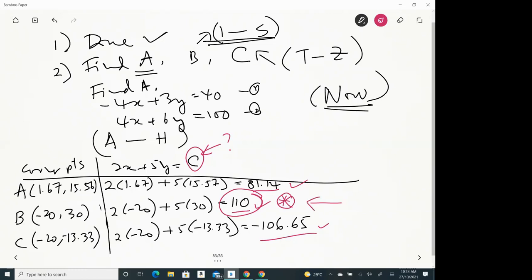We just do it by observation, to identify the correct answer.